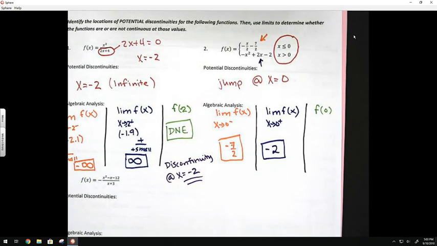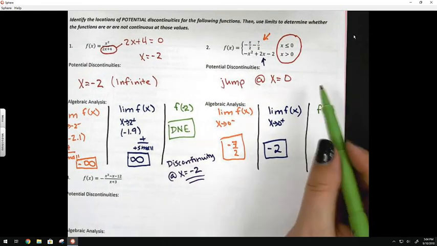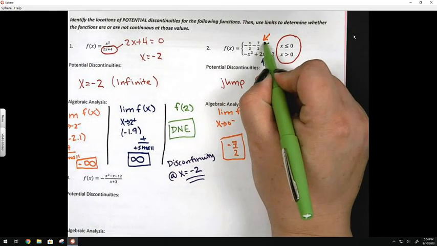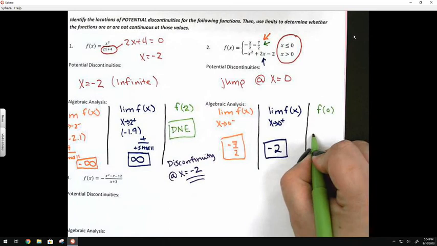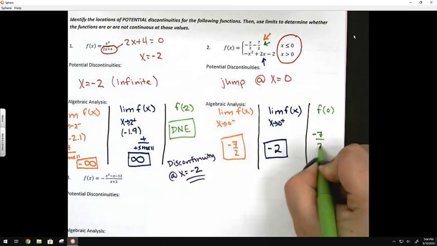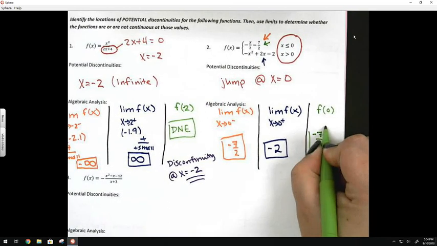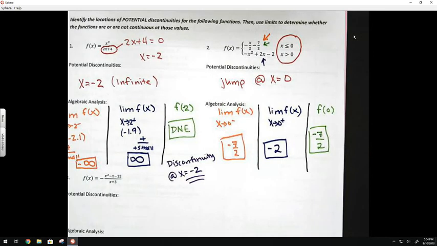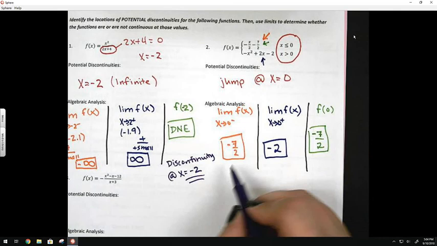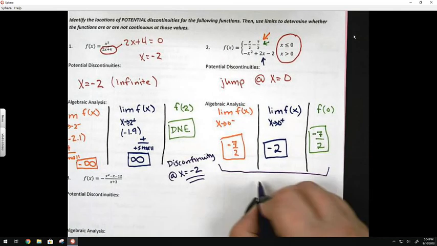And then if I want the function value at 0, I need to go where x is equal to 0, which means, again, I'm going to go to the top function, and that is -7 over 2. When I look at these three values, however, they don't all equal each other, which means that for this function, there is a discontinuity.